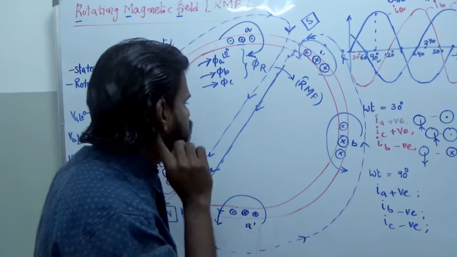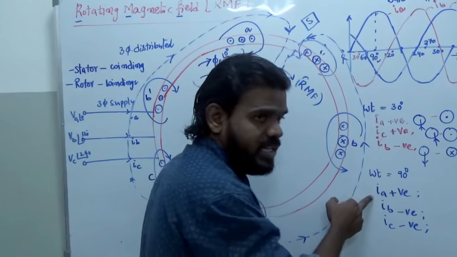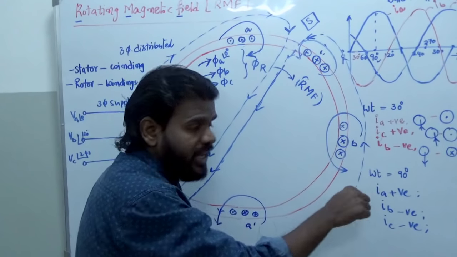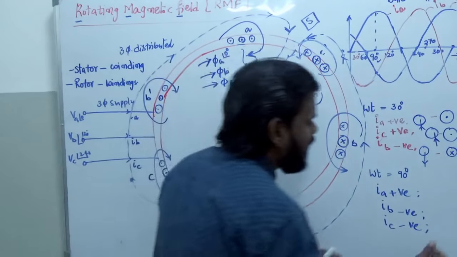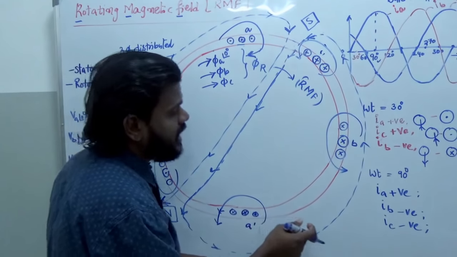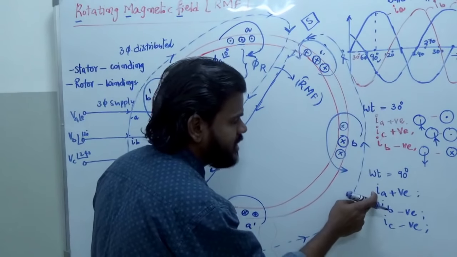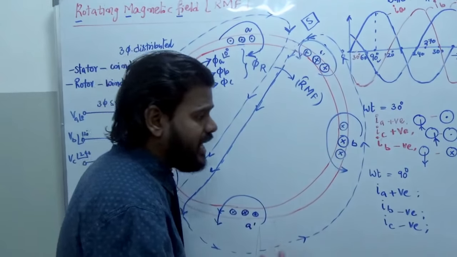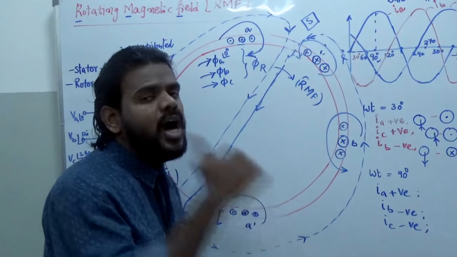If IA is positive, the current goes into A dash. As I said, positive current is taken as inwards and negative current as outwards.